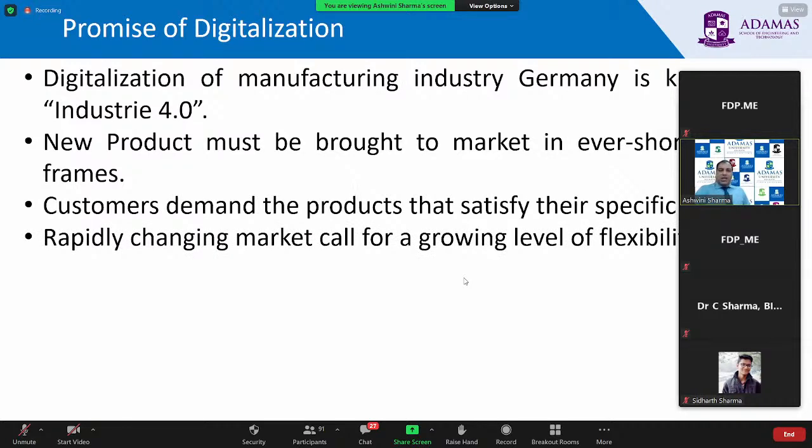Rapidly changing market is calling for a growing level of flexibility. So if, let's say, in the previous time you are making the same model, we can take the example of the car Ambassador. Ambassador was the car, right? It is not available now, or if it is available, it is like an antique piece.